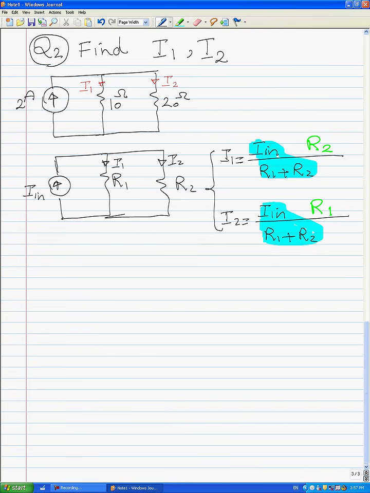And also let me explain the parallel circuit scenario.